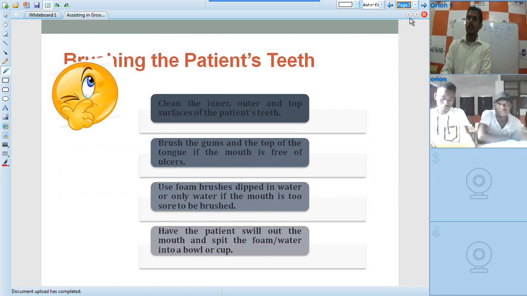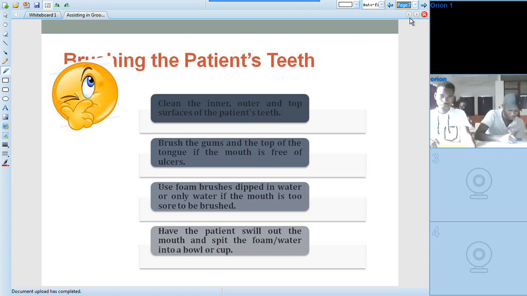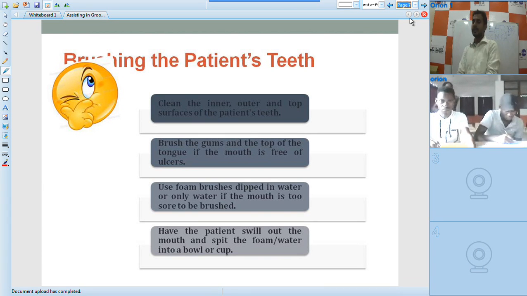Then, for brushing the patient's teeth, you need to follow these steps. You need to clean the proper area of the mouth while brushing.